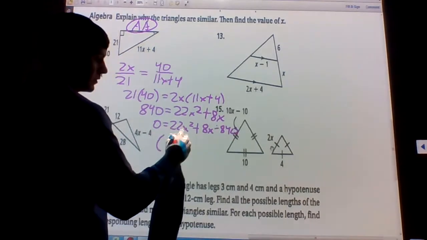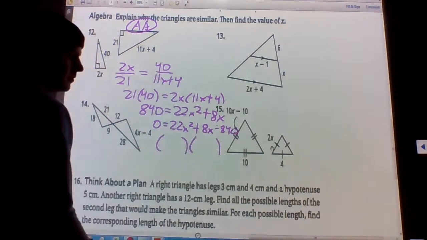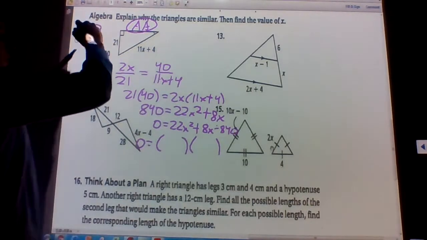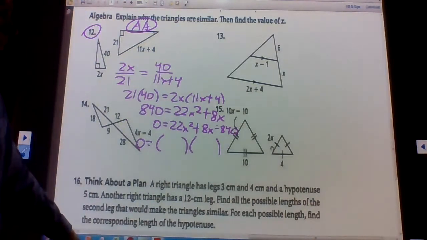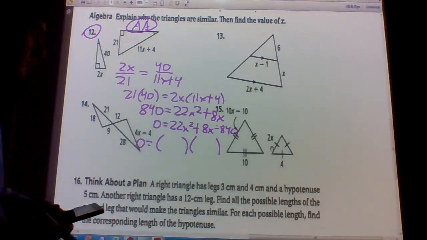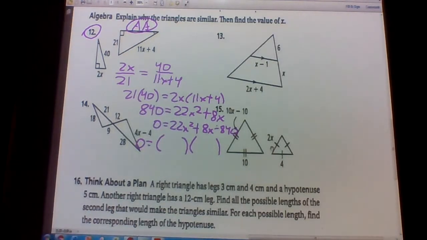So we need a factor. This is all number 12. So we need something that multiplies to 840. We need a factor of 840.